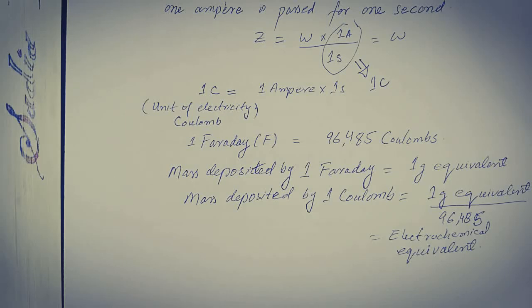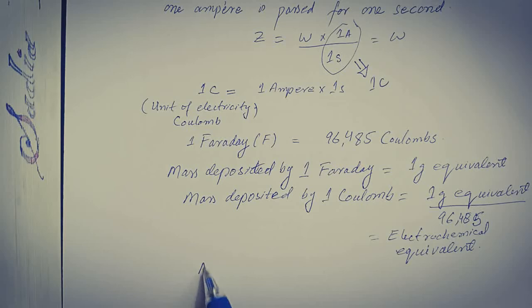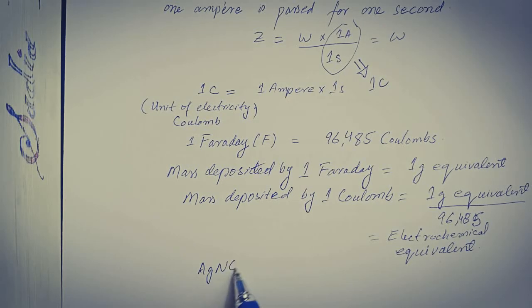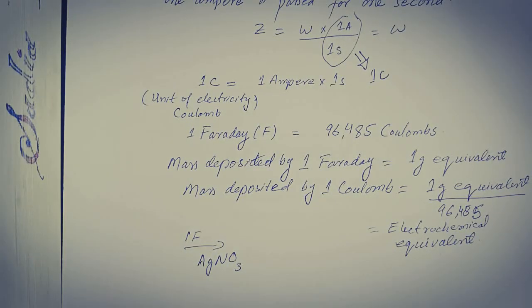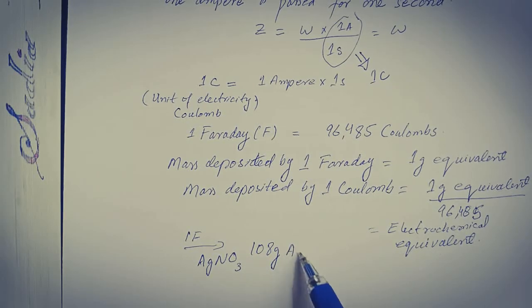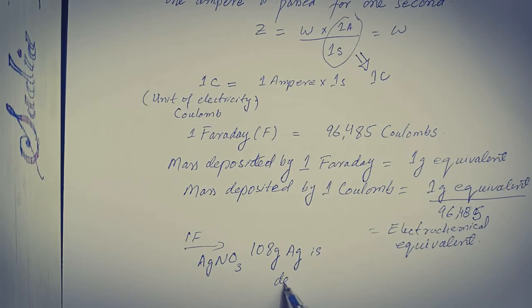For example, when 1 Faraday of electricity is passed through silver nitrate solution, then 108 grams of silver is deposited.